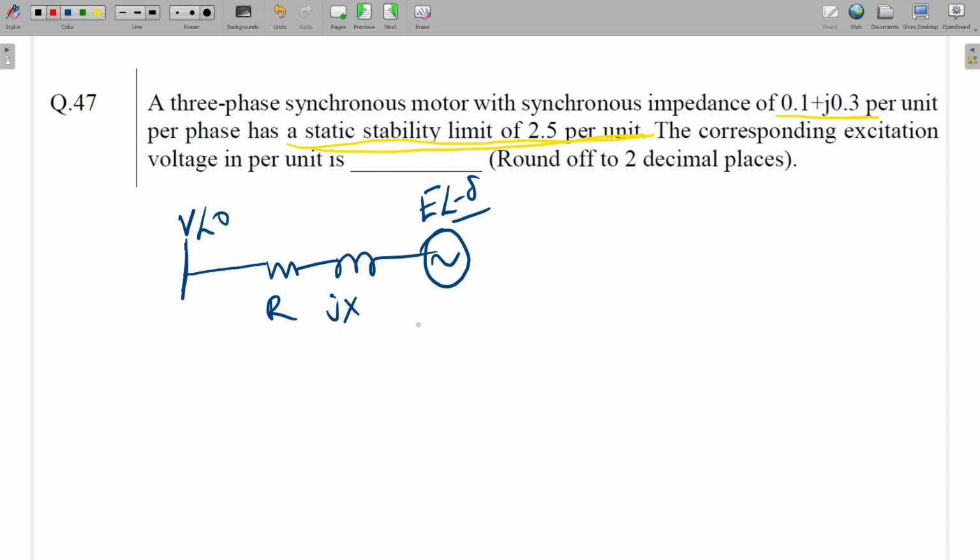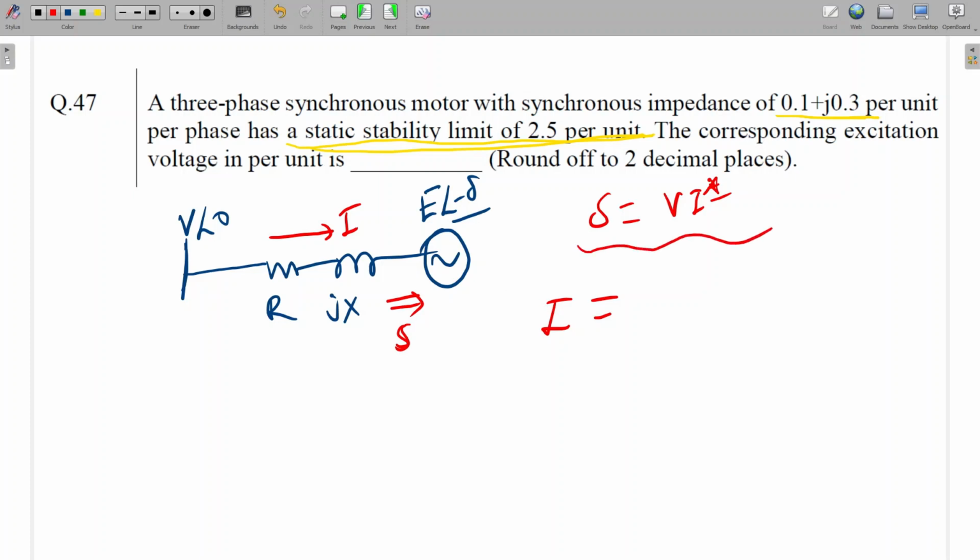So we can calculate the apparent power here. What is apparent power? S is equal to VI conjugate. First we can calculate the current flowing in this circuit. For any power transfer question, I recommend that if you are not memorizing the formula, you should apply S is equal to VI conjugate.